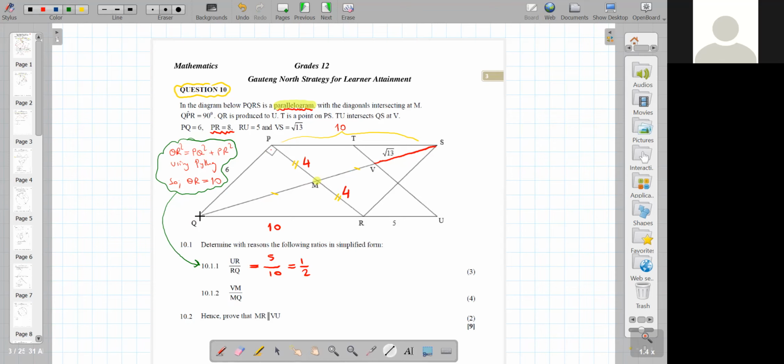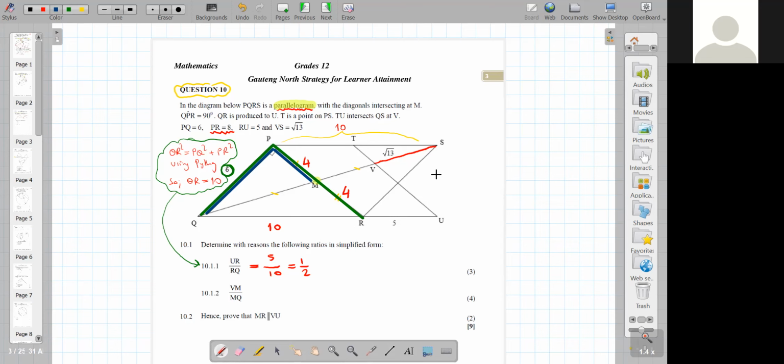Like the first one was this right angle triangle. Because that's 90 degrees, it is 6 and 8. Remember that 6 was given, and together it was 8. Now in the second condition, I will be using the interior one. So I will be using just this part, so I can get the length of QM.